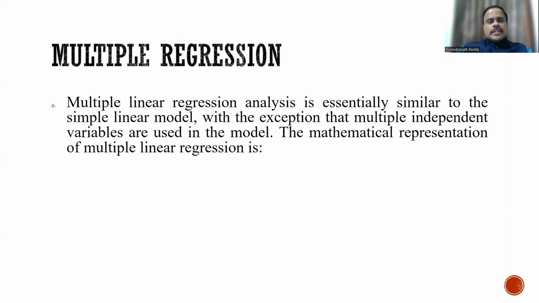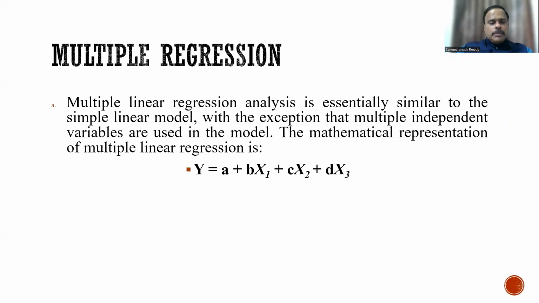The next one is multiple regression. It is a little different from simple regression. In multiple regression, you understand the relationship between one dependent variable and many independent variables, because one particular variable may not be impacted by just one independent variable.